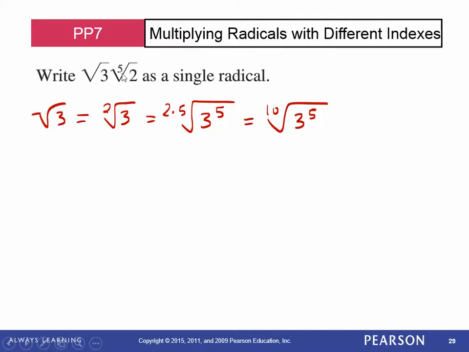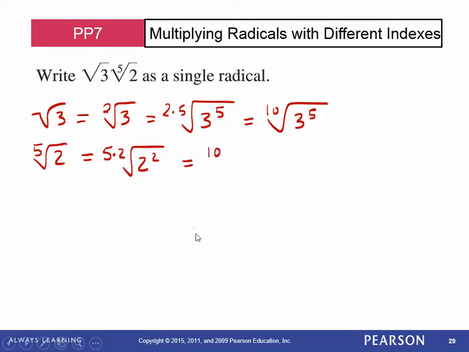Now I've got to go back and do this 5 radical 2, and I'm going to let you try this yourself. Can you make that into an index of 10? Again, in order to do so, you would have to multiply the 5 by 2, so hence you're taking an extra square root into here. To combat that, you're going to have to square the inside, so these guys don't change at all.